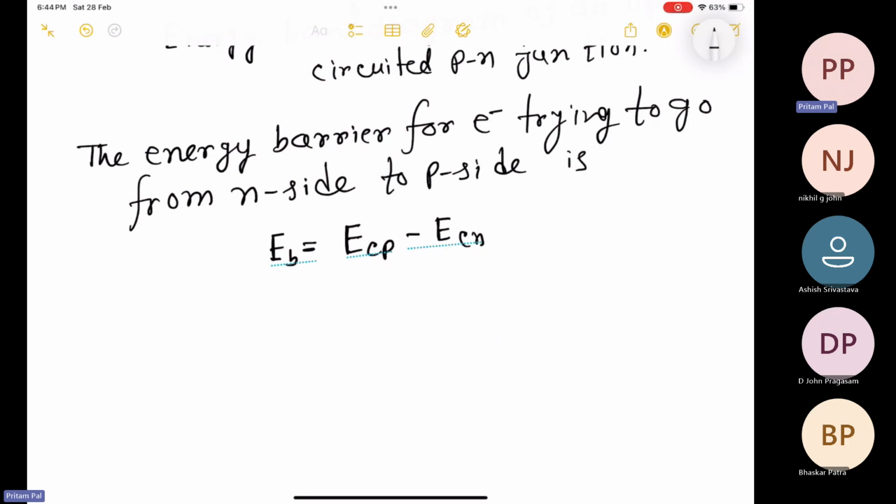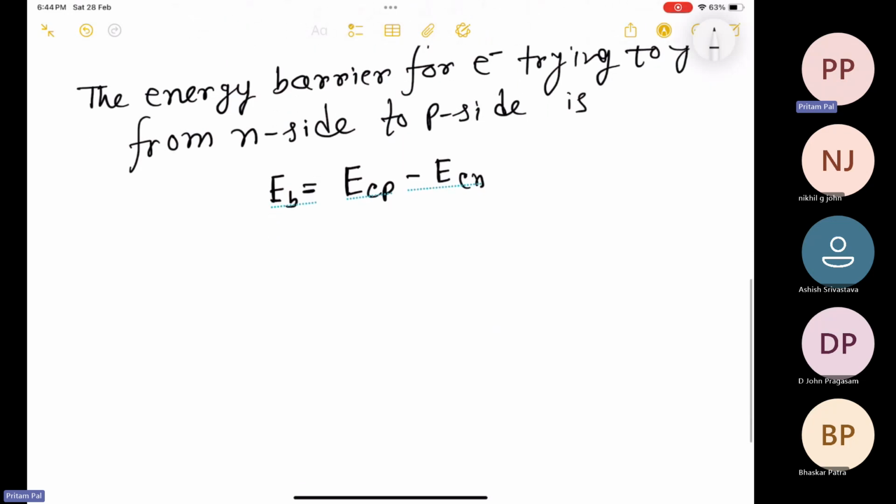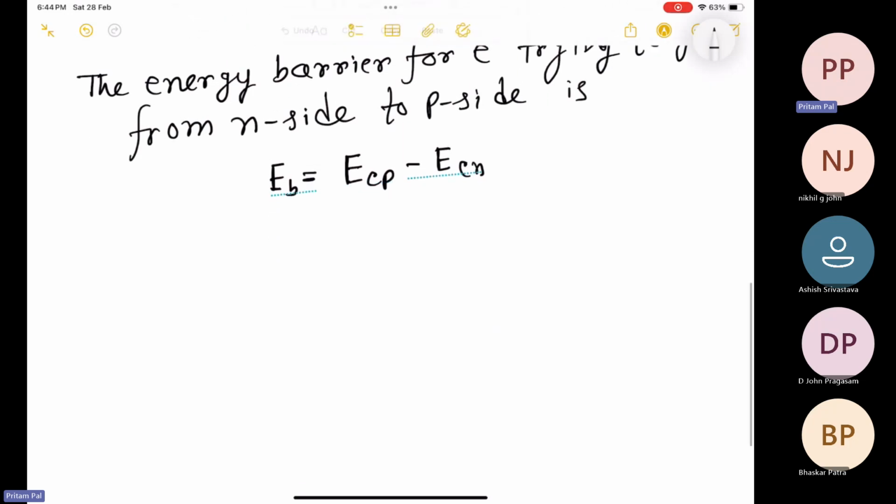I'll do a very quick derivation on this. I already told you what it will be in terms of NC and ND. Earlier we already defined all these things. So ECN can be rewritten as EF plus KT log NC by ND, which I derived in my earlier classes.